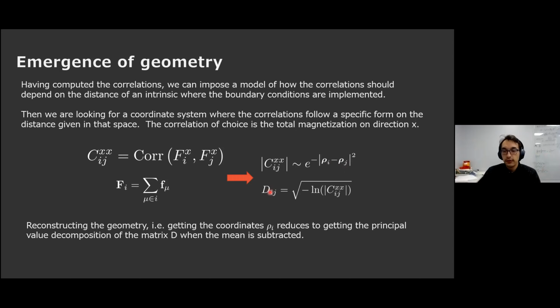And essentially the way that coordinate system is found, where this strange geometry lives, is by taking the singular value decomposition of this matrix of distances given by the correlations.